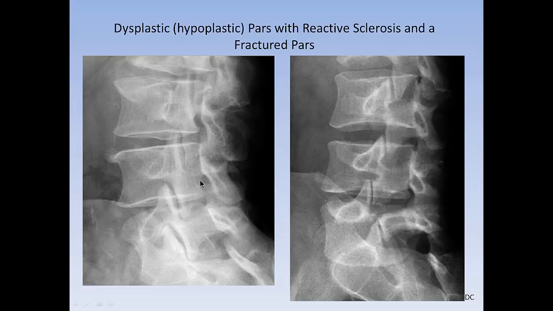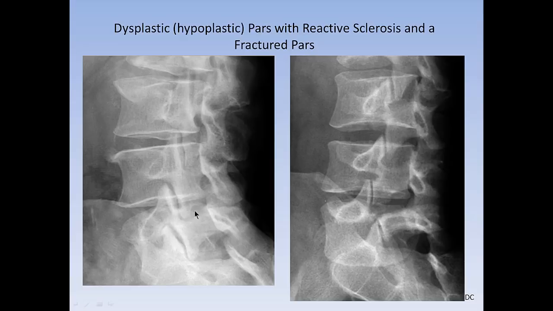Now, look at the size of the neck on this one. There's the eye, there's the ear, here's the neck. Nice normal neck. What do you think about this neck? It's pretty skinny, isn't it? So that's a dysplastic, or in this case, a hypoplastic pars.